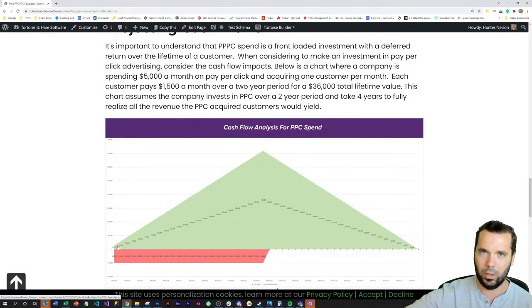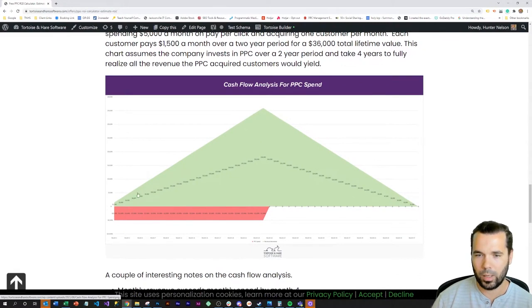a forward looking time period. So the customers acquired will actually take full years to fully realize all the revenue earned from the campaign. So it shows you that as you're onboarding new customers, your revenue goes up over that time.